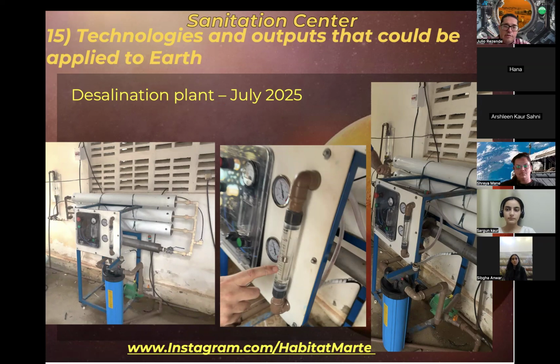With this system, if necessary, we can produce our own water, because we have wells, but the water in the wells is salty, and with the desalination plant it will be possible to have potable water.